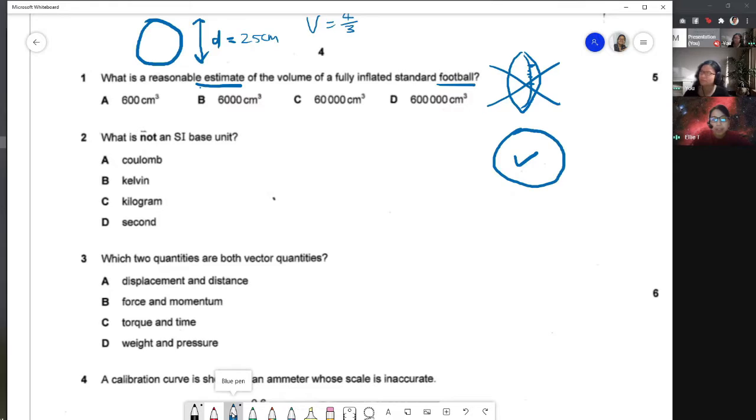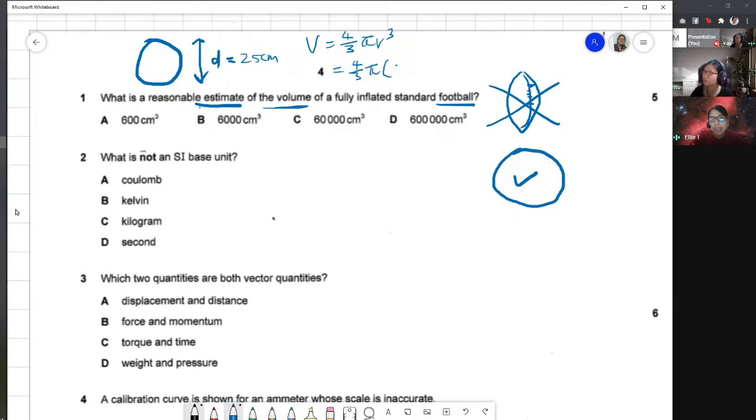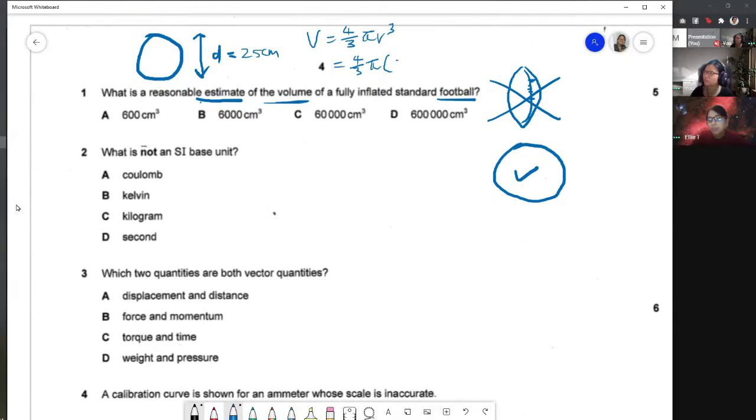So volume is 4/3 pi r cubed. Do we change to cm cubed or no need? Okay, 25 cm cubed. What is this value? 4/3 pi 25 cubed is about 65449 cm cubed.